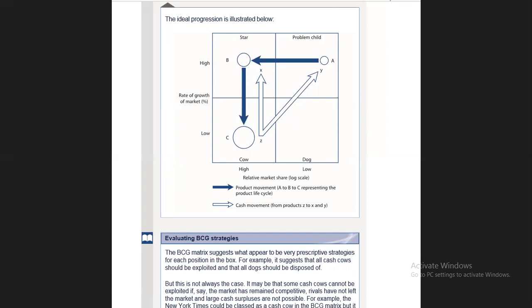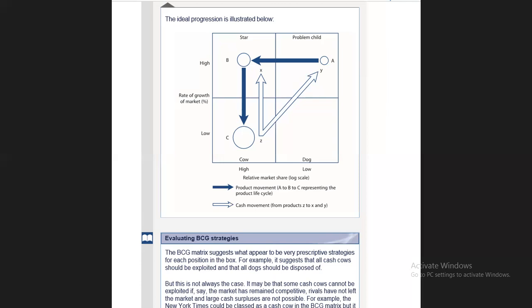If you invest, that problem child will ultimately become a star product because it gives you cash in the future, and ultimately it will become a cash cow. And the cash movement is from product Z to X and then Y. A cash movement moves from cash cows to star and cash cows to problem child.